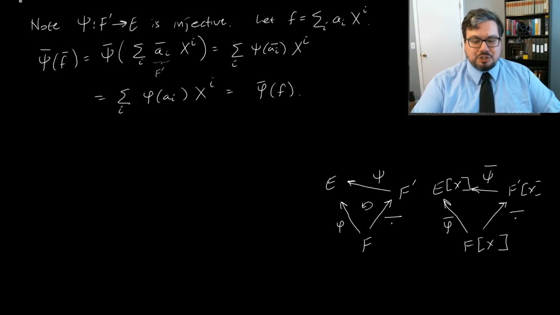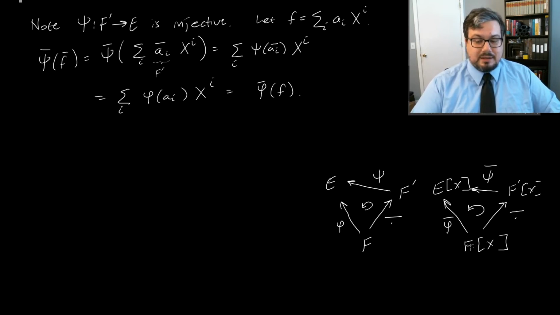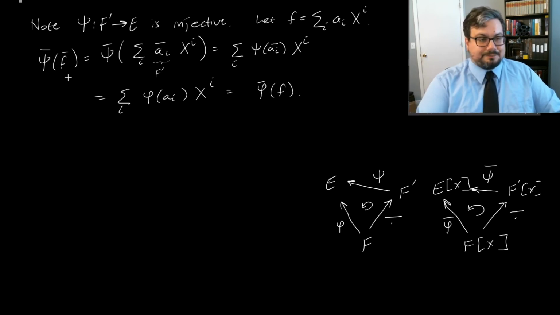And what we've just shown using this computation is that this diagram commutes as well. So on the level of polynomials, going from f adjoin x to f prime to e adjoin x is the same thing as just going directly via phi bar.